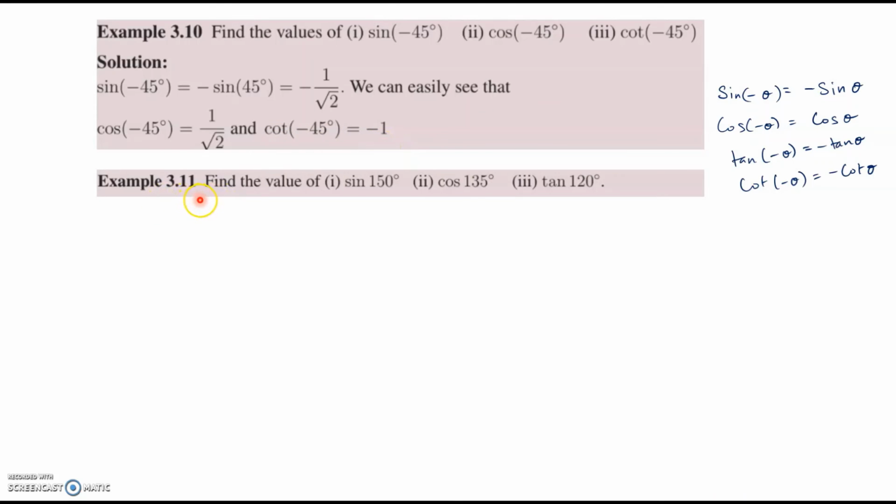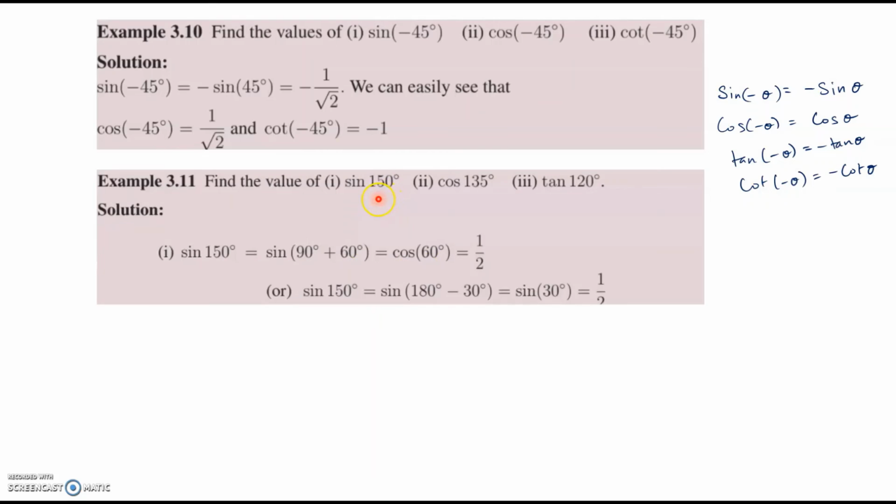Example 3.11. Find the value of sine 150 degrees, cos 135 degrees, and tan 120 degrees. Now you see, sine 150 degrees can be rewritten as sine of 180 minus 30 degrees. So let's see how we can do that. We can either write it as 180 minus 30, or it can also be written as 90 plus 60 degrees.